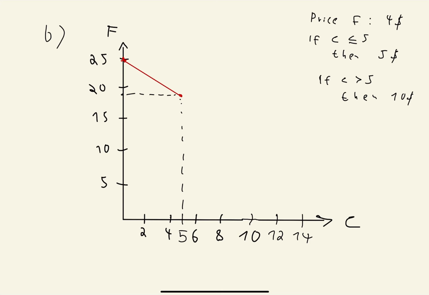And then we need to find out what the maximum amount of clothing is that we can afford under this new price schedule. So think of it in the following way. For the first 5 units, you pay $5. So this is $25, which means you have $75 left. And for the next units of clothing, you will pay $10. Therefore, we take the $75 and divide this by 10. And this gives us 7.5.